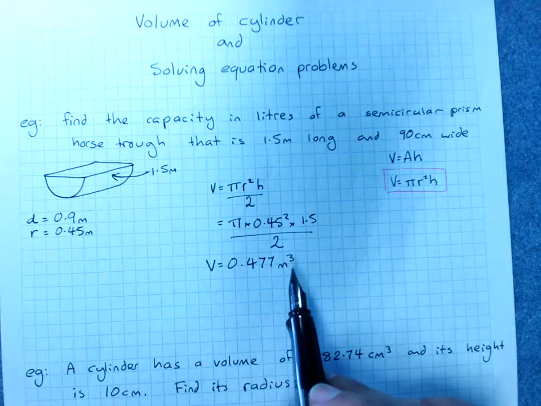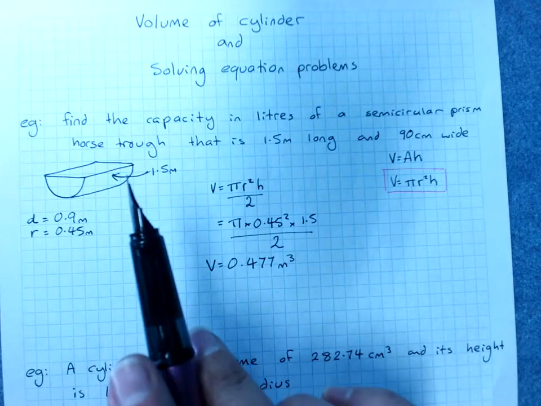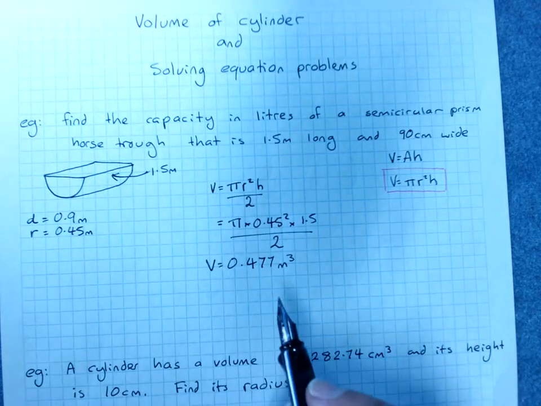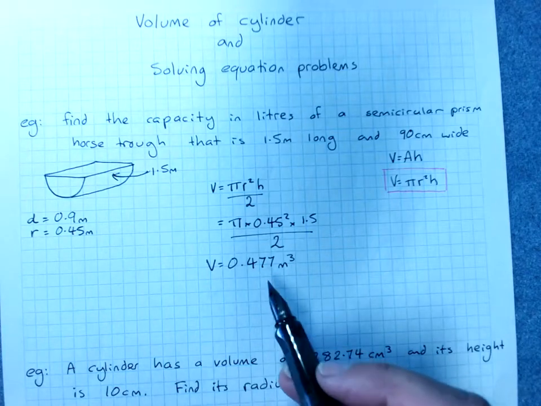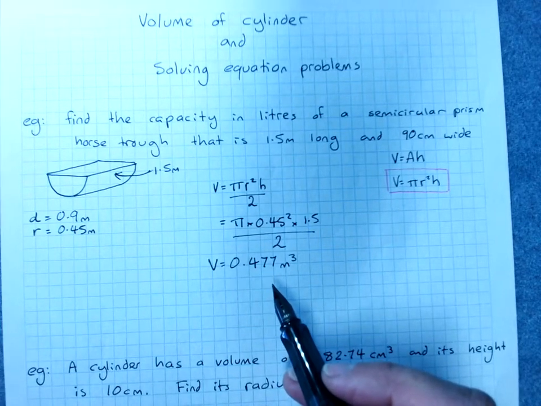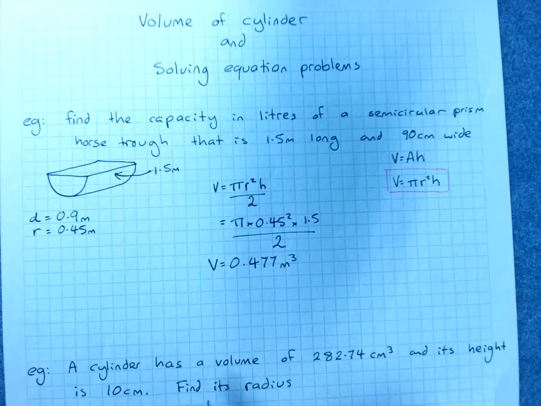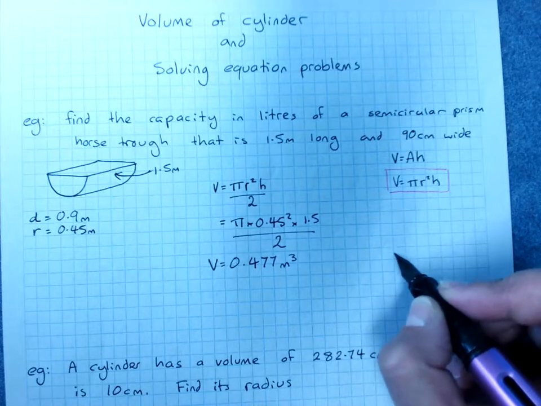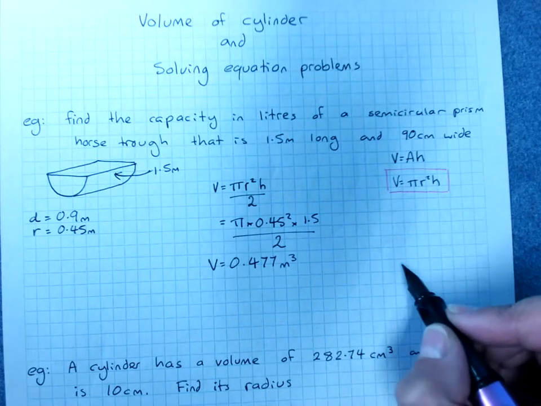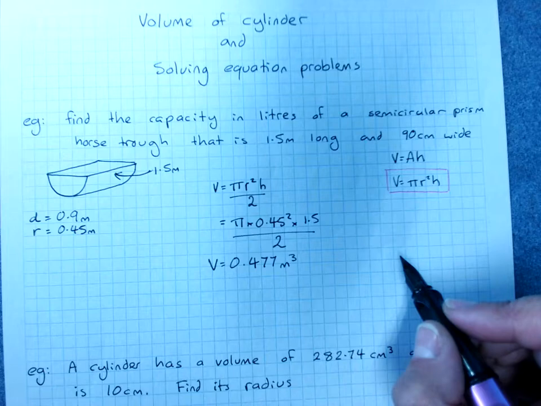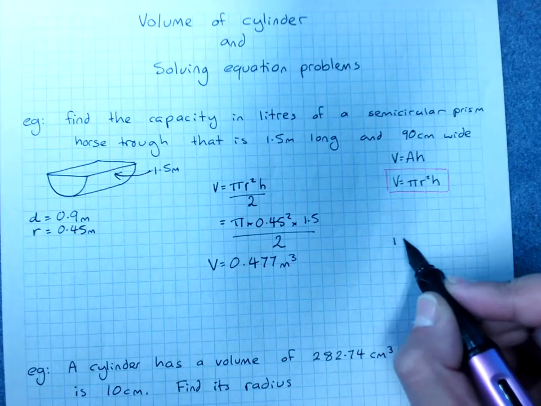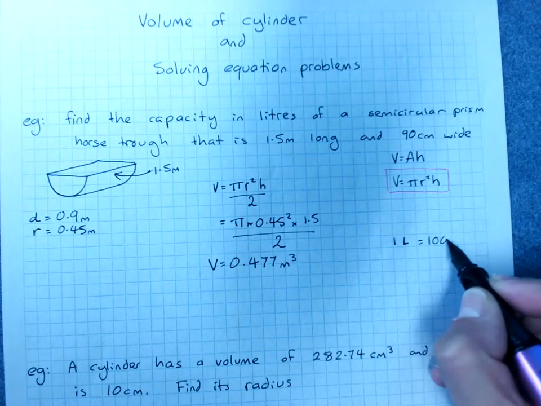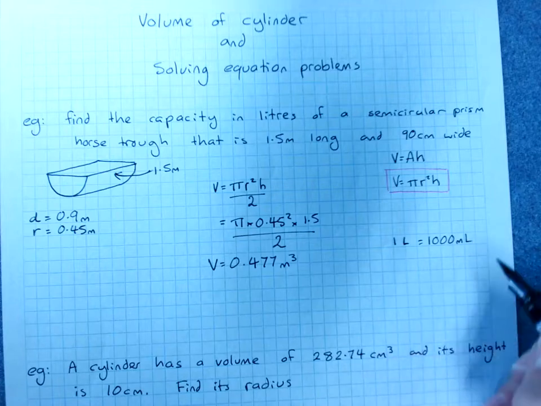Now, because we've ended up in metres cubed and we want to find the capacity in litres, you would need to check how many litres there are in 1 cubic metre. If you didn't remember the conversion, remember a litre is 1,000 millilitres.